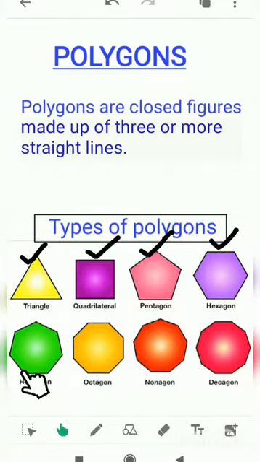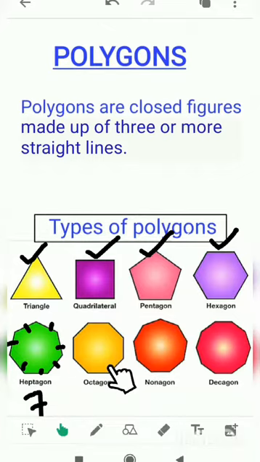How many sides does this figure have? 1, 2, 3, 4, 5, 6 and 7. 7 sides. A closed figure made up of 7 straight sides is known as a heptagon.